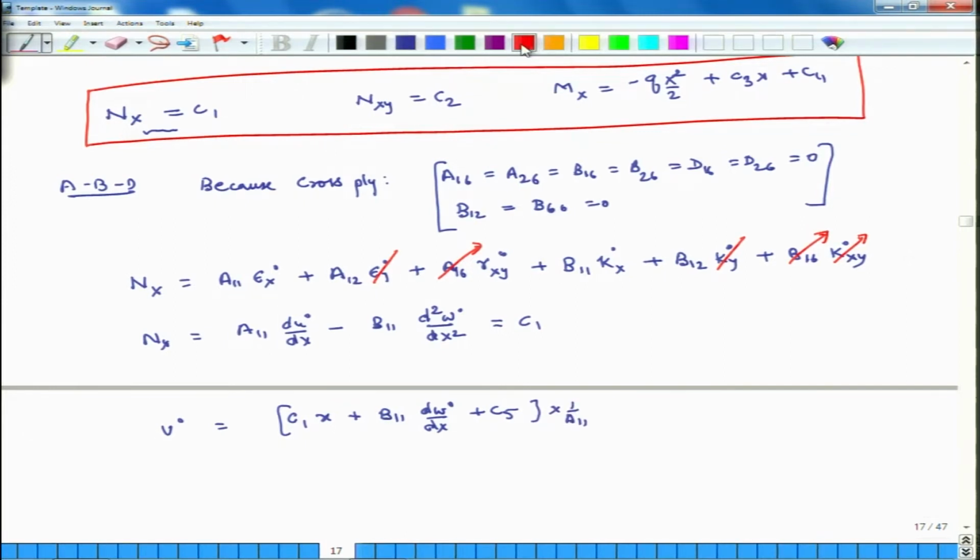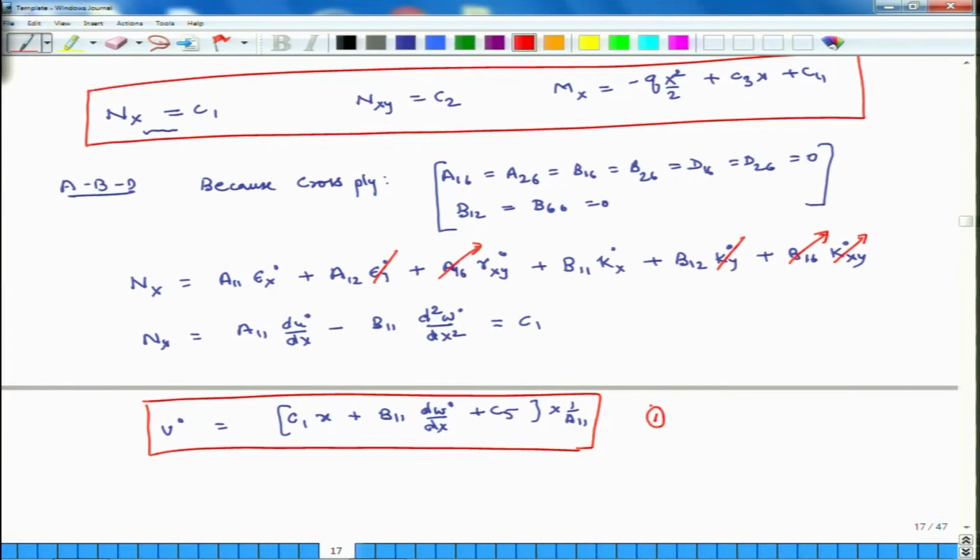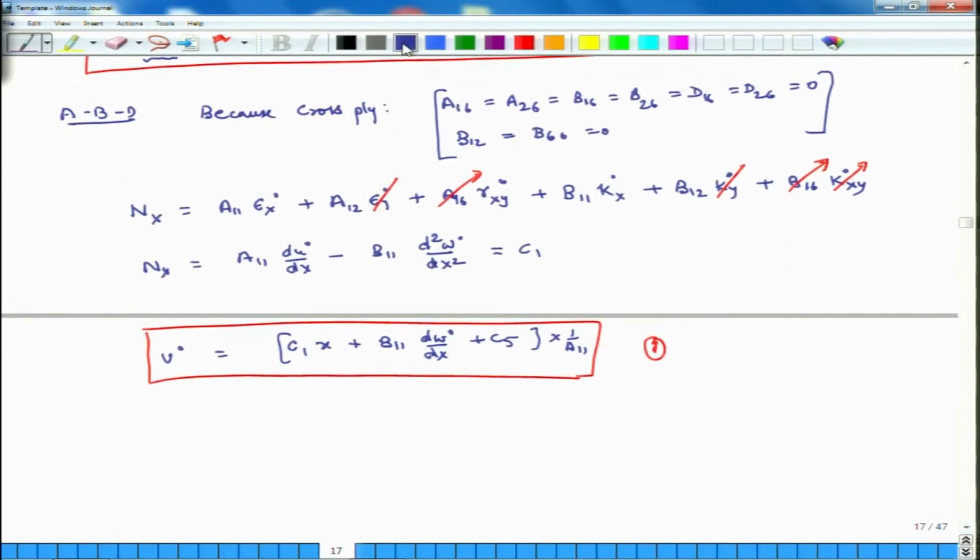Okay. So, we will call this equation 1. Now, let us look at the relation for Nxy.